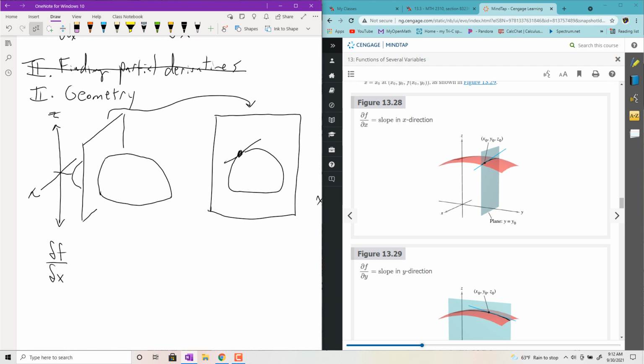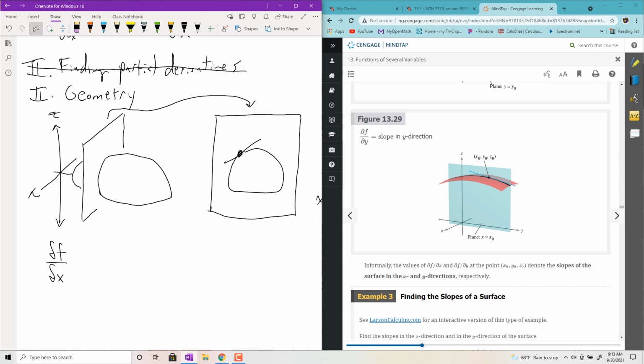But you can see in the x direction, the red thing is the surface here on the right. And then we cut it with a plane. And then we'll find the slope at this point of the trace. Okay. So there's this trace. It kind of looks like a high parabolic type curve in the trace, and then you designate a point in there, and you can get a slope in the x direction.